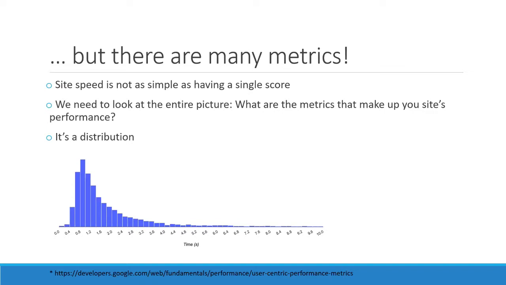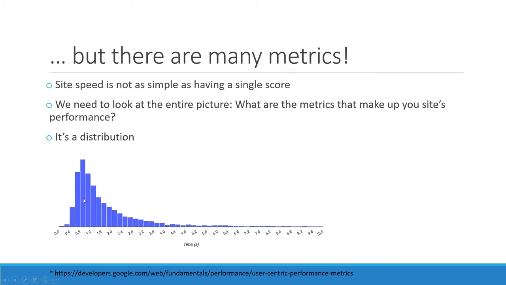And even for a single metric, let's say we want to measure the page load, it's not actually a number, but a distribution, because there are many users out there, each experiencing different page load times. If you construct a graph, you can see a distribution here.